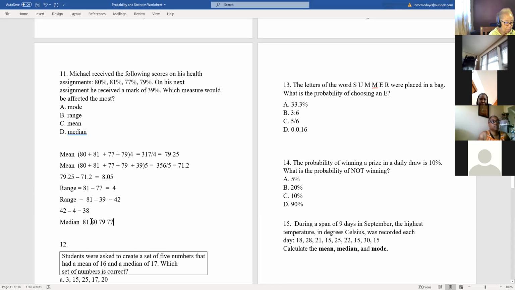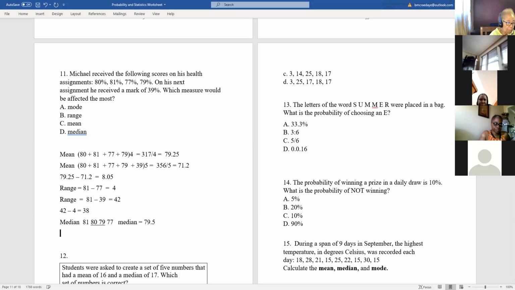So the median is going to be the average of these two because it's an even number, right? Yes. So what would be the median? It's 79.5, right? Yeah, 79.5.